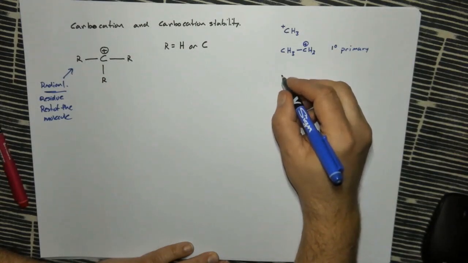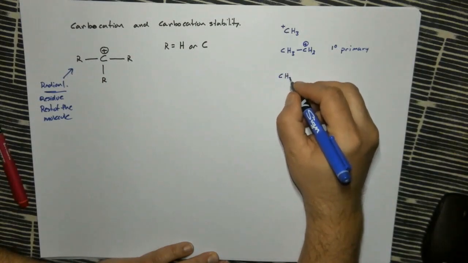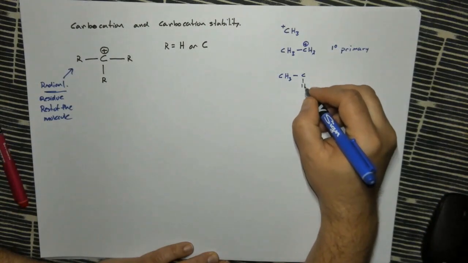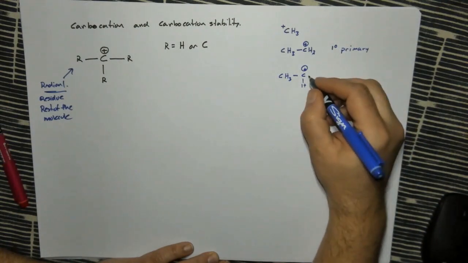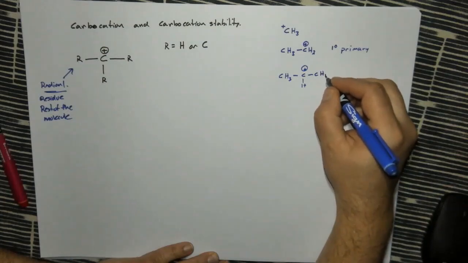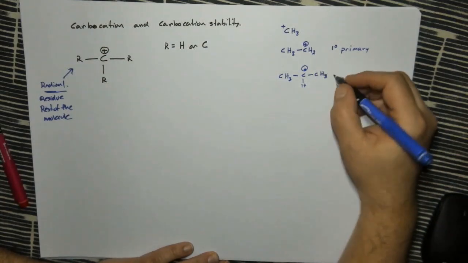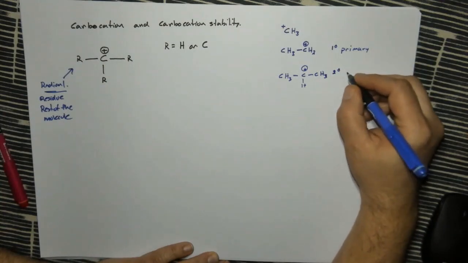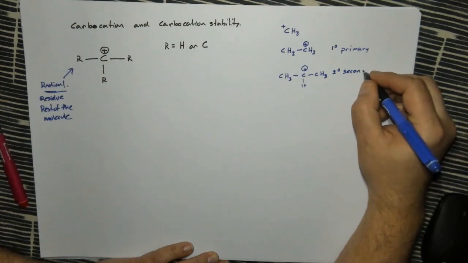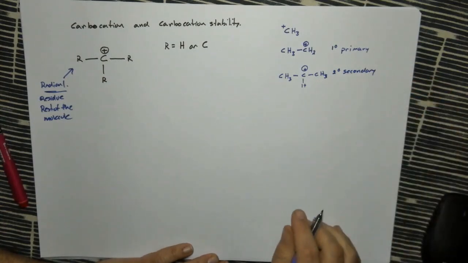If the carbon that has the positive charge has two carbon neighbors, 1, 2, then this carbocation is referred to as a secondary or second degree carbocation.